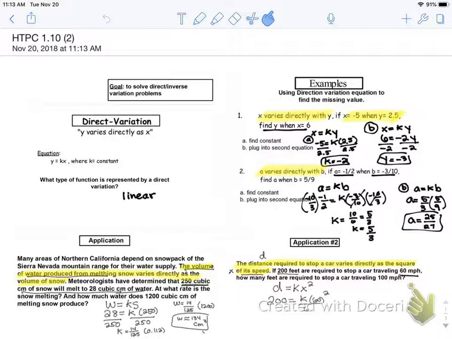Well, we want to get k by itself, so we can divide by 60 squared. 60 squared is just going to be 3,600. And now I can divide 200 by 3,600 and simplify, so that would give me 1/18.